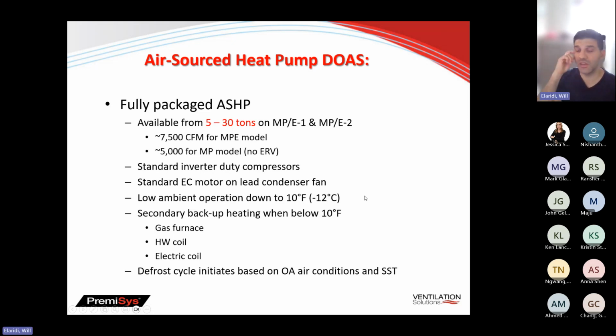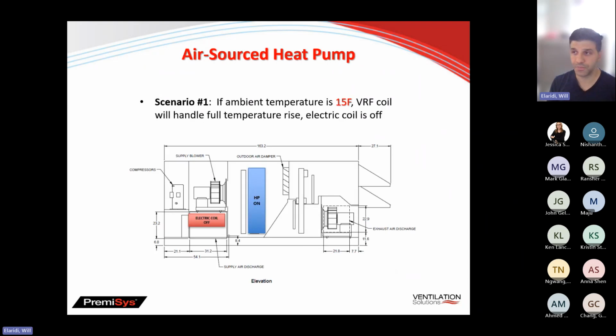Now, because our COP levels are more than 2.5, you are improving the operating cost as well as reducing carbon emissions, which is the initiative we need to meet by 2050 by net zero standards. The unit also has a defrost cycle integrated through the controller, which is based on the outdoor air conditions as well as the suction temperature.